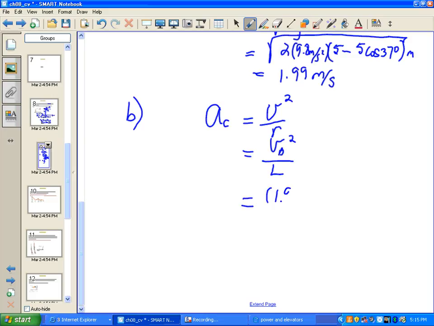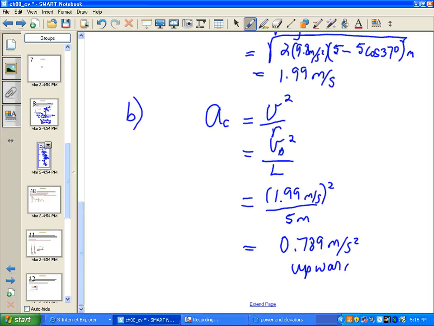So here, 1.99 meters per second, the whole thing squared, divided by 5 meters, gives us a centripetal acceleration of 0.789 meters per second squared. And if we want to be specific about the direction, centripetal acceleration points upward.